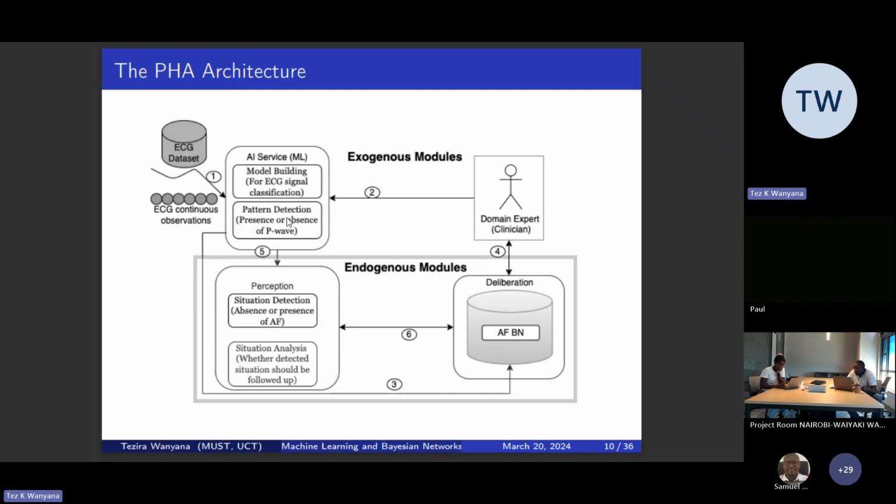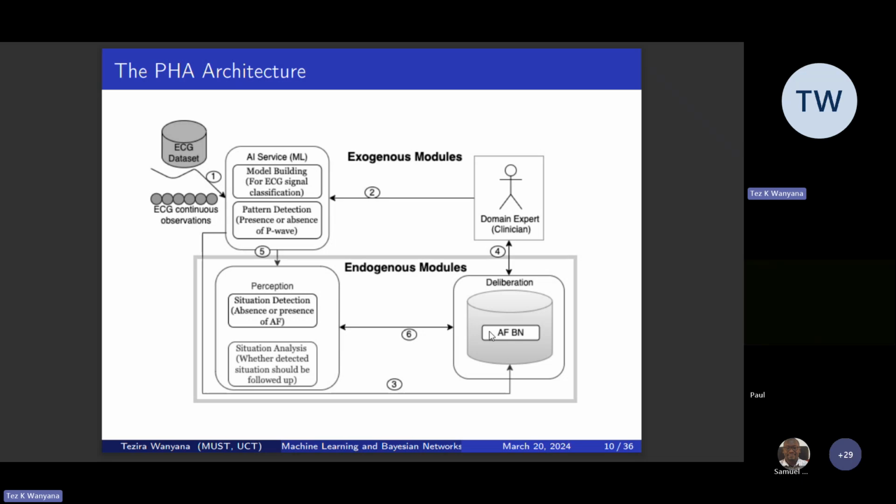The agent had an AI service in which we had a model building phase, and then we used that model to detect a pattern, in this case whether P waves were present or absent, and whatever comes out of that is what was used as a percept to the agent. The agent has two endogenous modules: perception and deliberation.